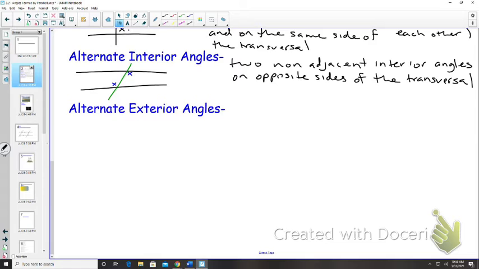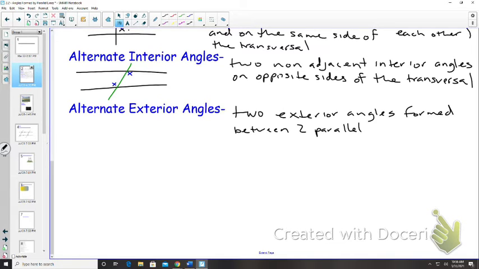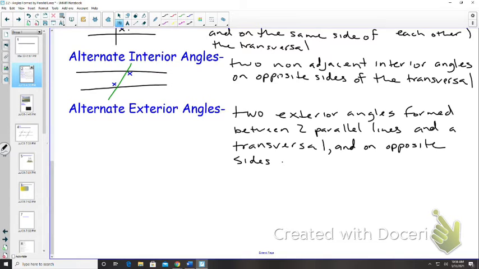Two exterior angles formed between two parallel lines and a transversal, and on opposite sides of the transversal.